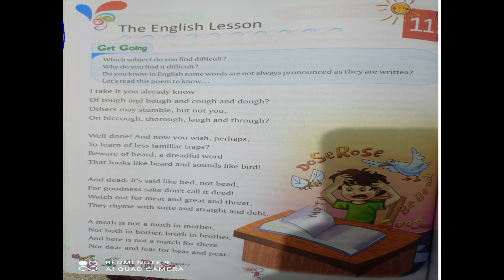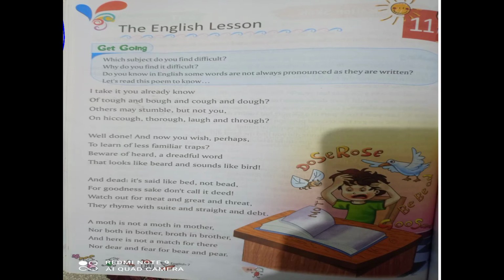I take it you already know of tough and bow and cuff and dough. You can see in the second line: tough, bow, cuff and dough. OUGH is coming in all these four words, but tough is pronounced differently, bow is pronounced in a different manner, cuff and dough.